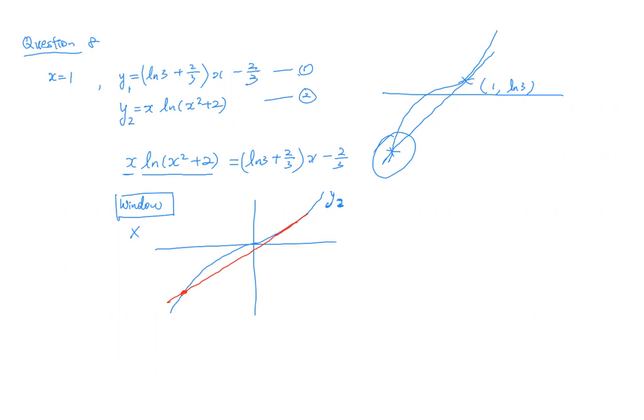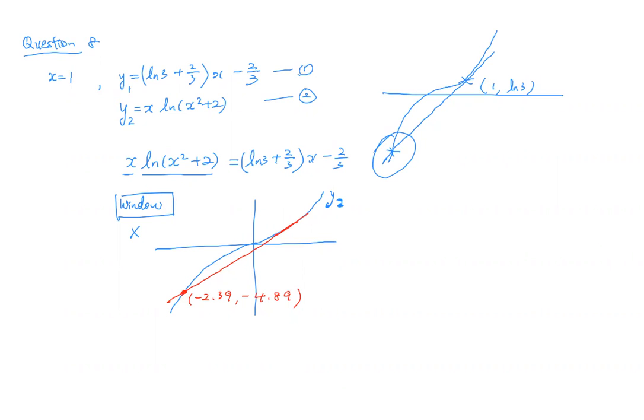Anyone got the intersection point already? I got the intersection point as -2.39, and the Y is -4.89. Am I right? Okay, so class, be very careful. So far they haven't had questions asking, will the tangent meet the curve again?